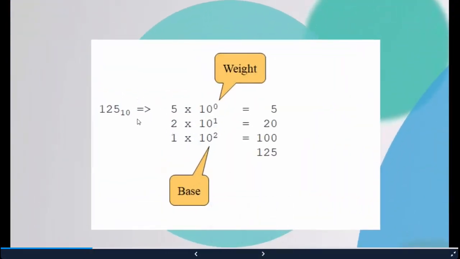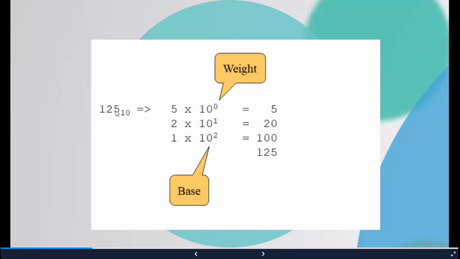So this is how we convert for the decimal. If you can still remember this from high school or elementary, you have here the least significant digit, which is 5 raised to the power of 0 times 10.